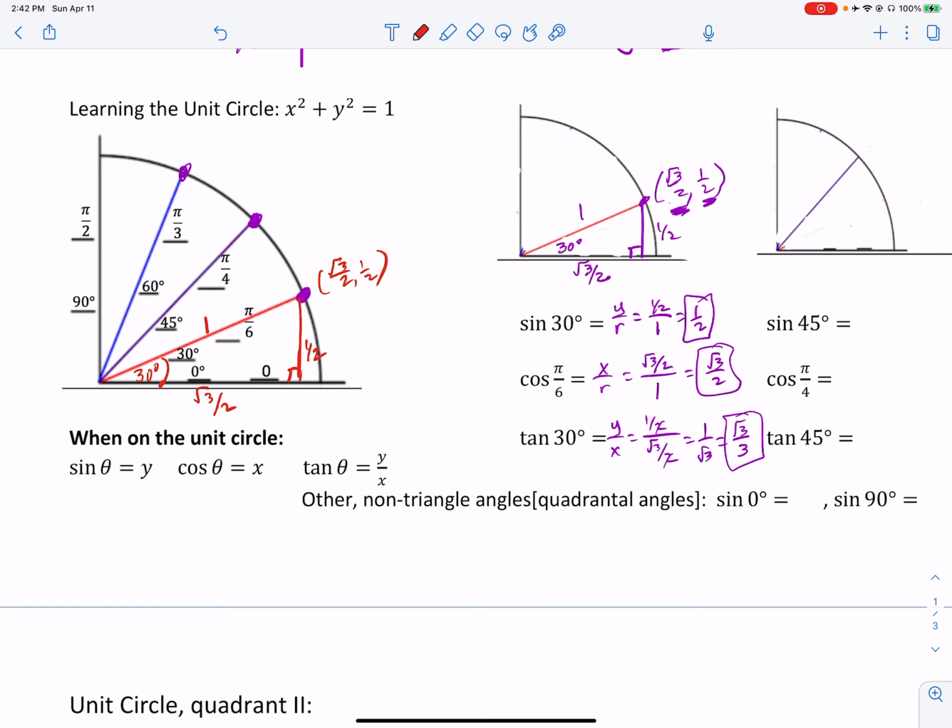And now, once I have that ordered pair, the idea is that the sine of 30 degrees is the y-coordinate, and the cosine of 30 degrees is the x-coordinate, as long as those are the ordered pairs on the unit circle.